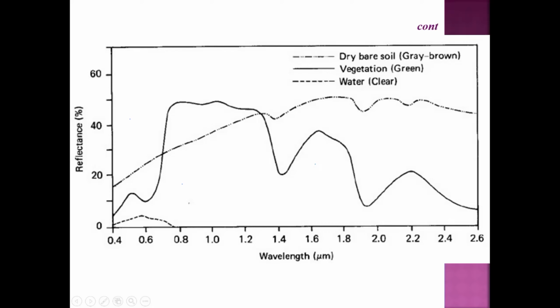Blue and red colors are absorbed by the chlorophylls, which is why it is getting absorbed in both regions. So a depression-like curve is formed, and then it is again getting reflected. At 1400 nanometer, another depression is formed, and at 1900 nanometer, another depression is forming.